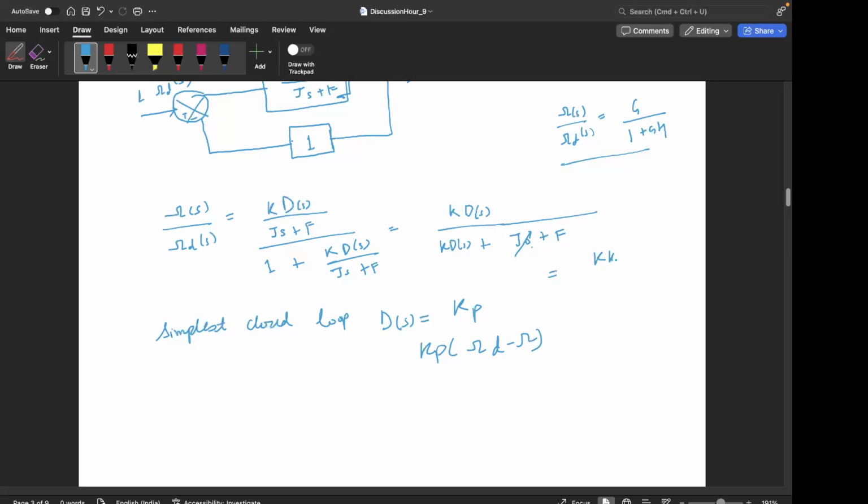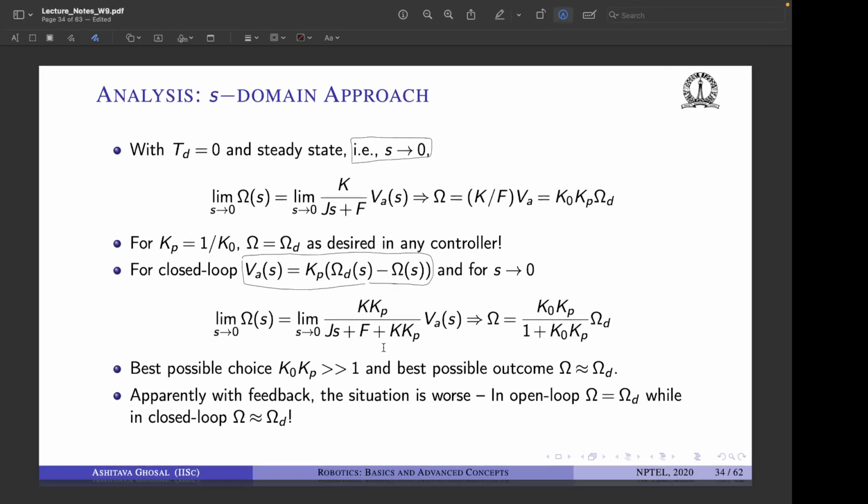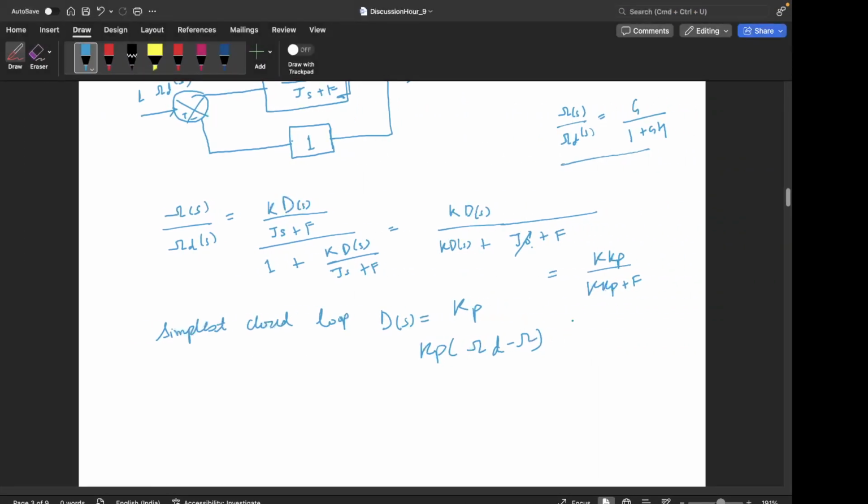So this becomes KKP by KKP plus F, which becomes KKP by F over KKP by F plus 1, after dividing all the terms by F. We know that K by F is K0, so we can write this as K0 KP by 1 plus K0 KP.